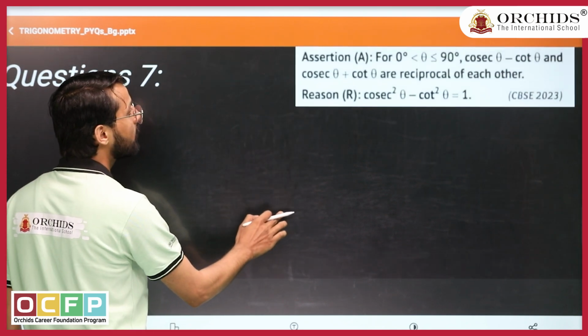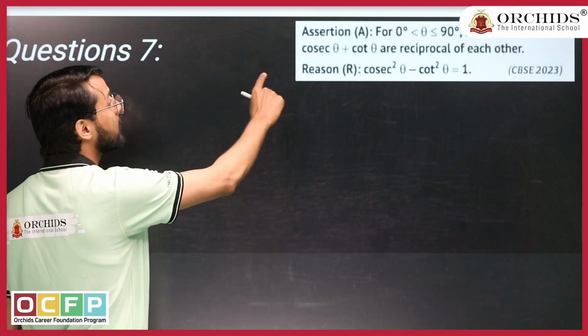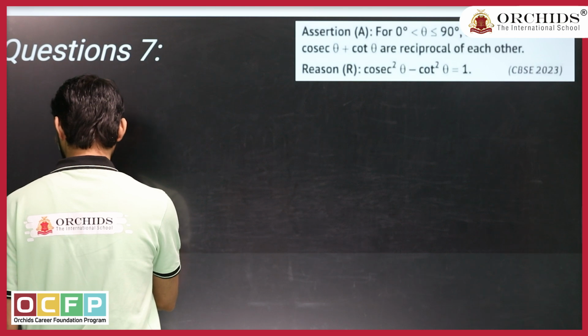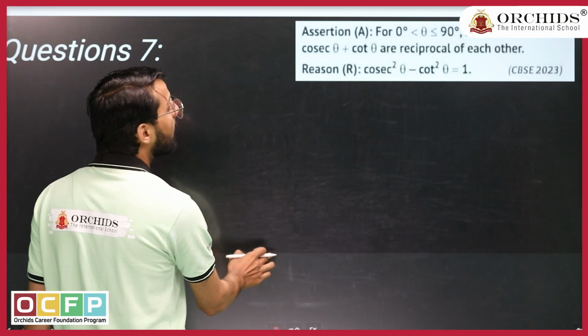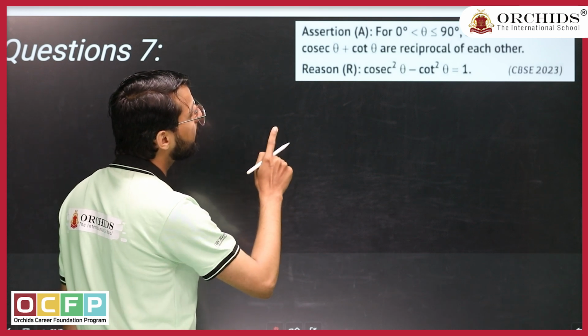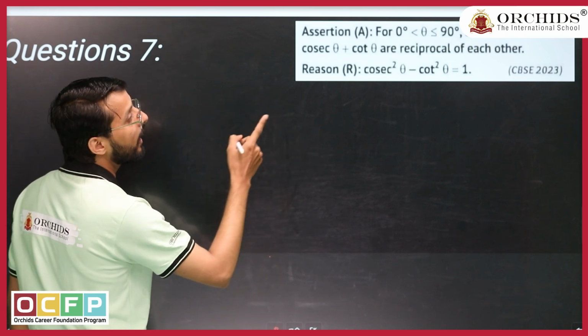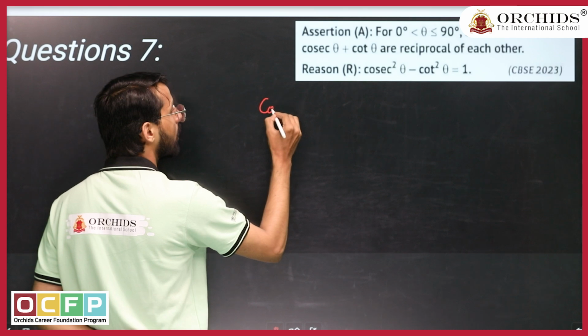Now, we can see the assertion they have given. Assertion A, read this: for theta greater than 0 degree and less than 90 degree, cosec theta minus cot theta is the first thing they have written.